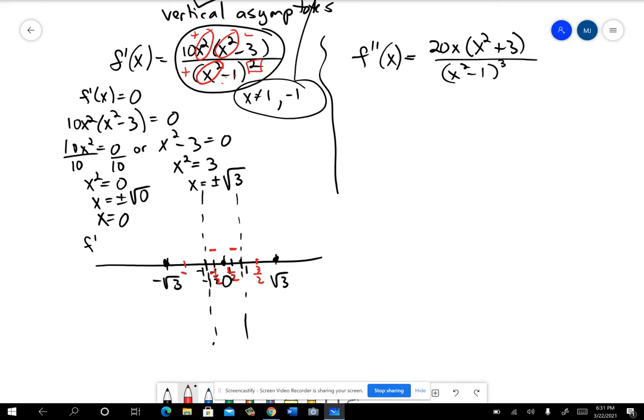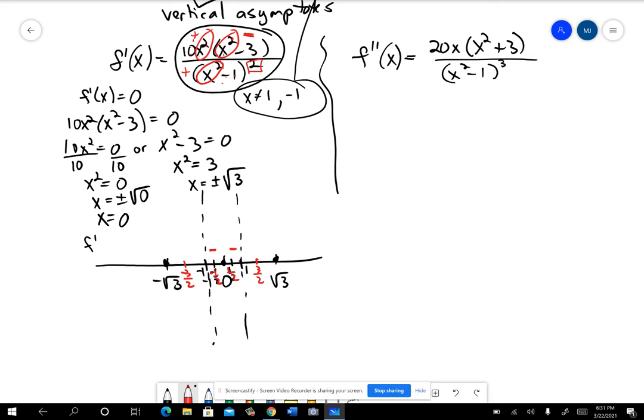Then I'll test 3/2. -3/2 will be the same. All right, so if I plug in a 3/2, that's going to get squared, be positive times a positive is positive. Put in 3/2 there. So that's going to be 3/2 times 3/2. That's 9/4. And 9/4 is not as big as 3. So that's still going to be negative.